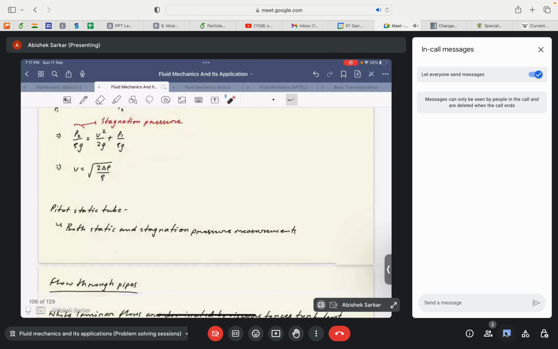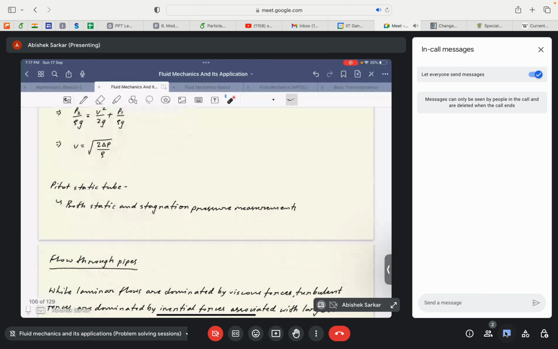So as the name suggests, pitot static tube means that it's a combination of both the pitot tube and some element of static pressure measurement. So the pitot static tube basically helps us in measuring both the stagnation pressure and the static pressure in the flow field.